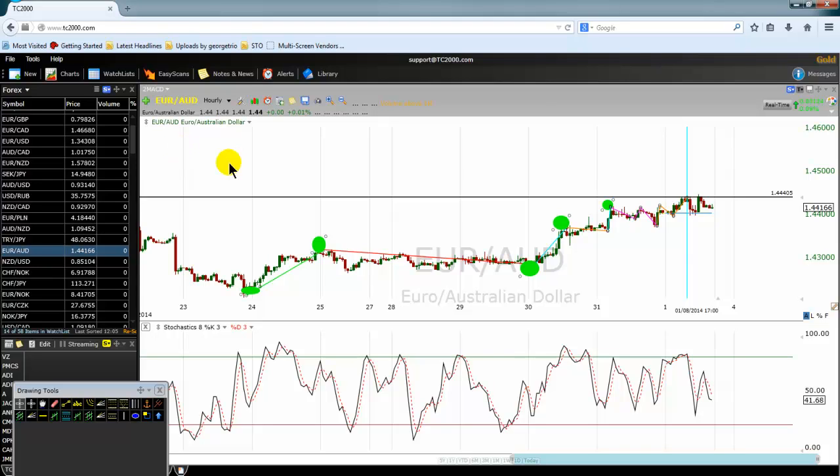Now, at this point in time, I'm thinking that there's a high chance that the euro Australian dollar will go down. But I also know, from my own understanding of the correlation between currency pairs, that very often this pair, the euro Australian, will go against the euro dollar. It's not always the case, but sometimes you'll see that. This is why I say you may disagree with me.